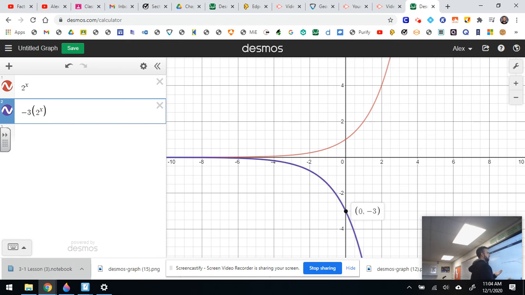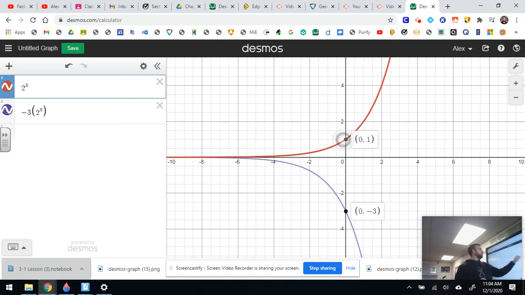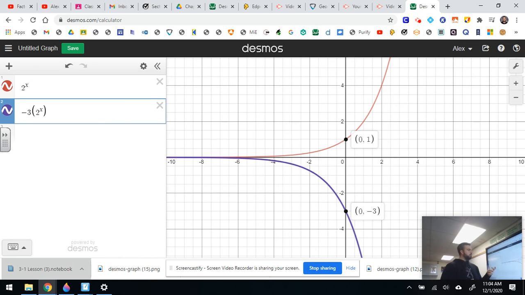I see that my original in red there crossed the y-axis at 0, 1. But now this one, the new one, is at 0, negative 3. So I flipped it over the x-axis, not the y, but the x-axis, and I actually stretched it out by a factor of 3, because that's what multiplying by 3 is.